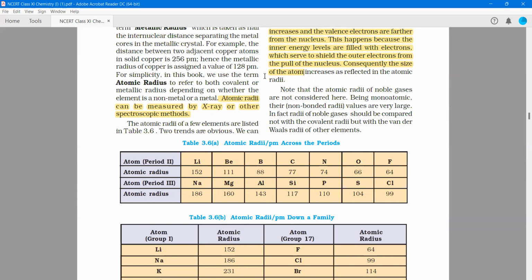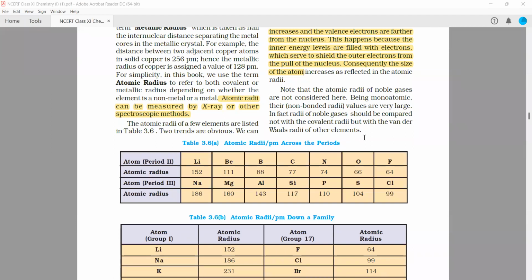You don't have metallic radius, and you don't have covalent radius because it doesn't exist as xenon 2 or helium 2. That is why in that case we have another radius known as van der Waals radius of the element.